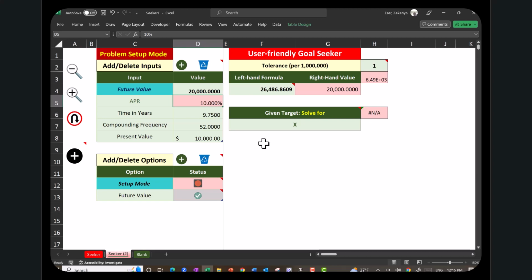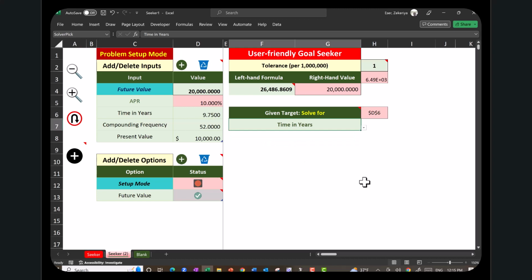So when I click on this cell, you see that there's a little drop-down box, okay? That comes through something called data validation. There's not even any code in there. I'm going to need time in years. That's my unknown.